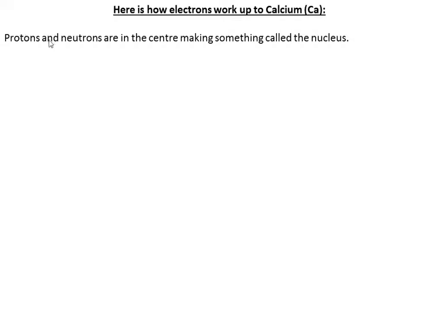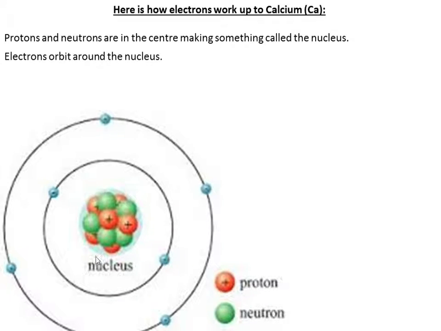So protons and neutrons are in the center, making something called the nucleus. Electrons orbit around the nucleus. This is a picture. Now, we can't see exactly how many protons there are, but we know how many electrons there are.